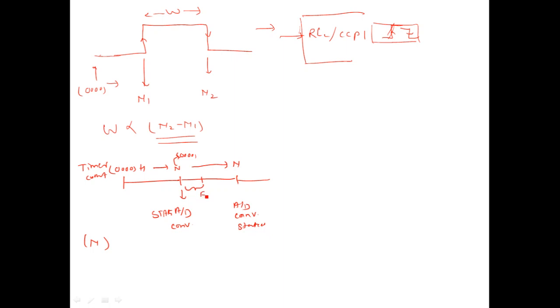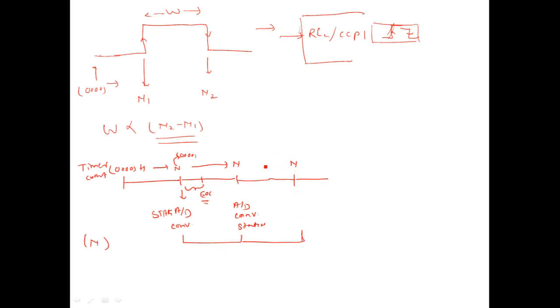So end of conversion will be seen somewhere here, and you can get the data. But next time the conversion will be started after a definite time interval. That is the importance of the use of this particular module along with your ADC.